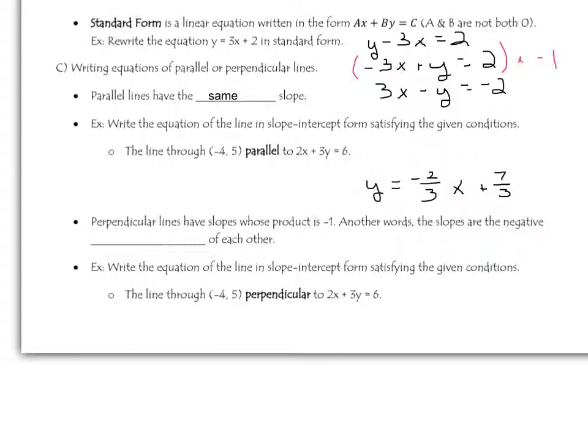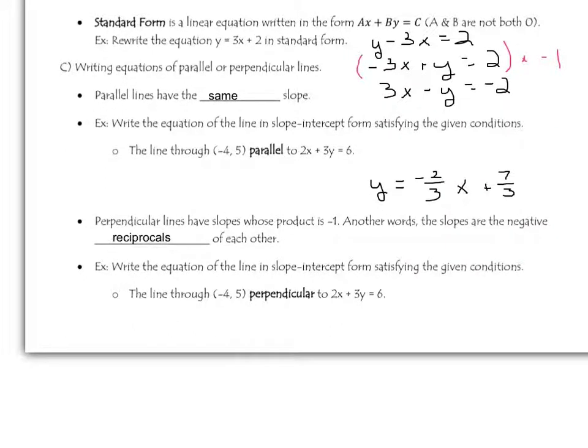All that means is that for perpendicular lines, the slopes are reciprocals of each other. So we are to write the equation of the line in slope-intercept form that satisfies the following conditions. We have the same point and we have the same standard form of the line that we did in the above problem.